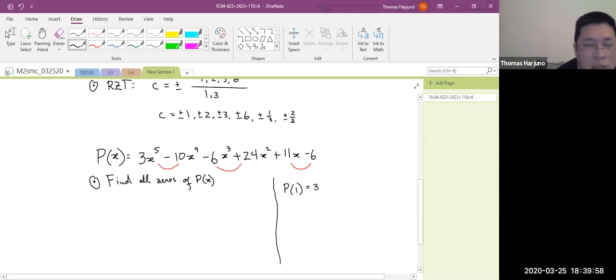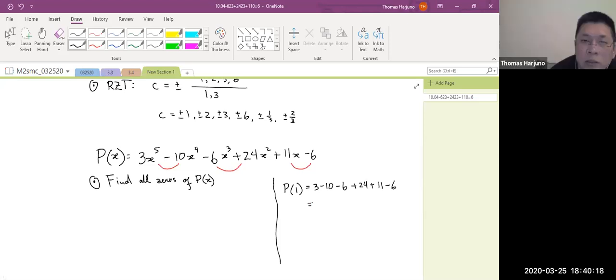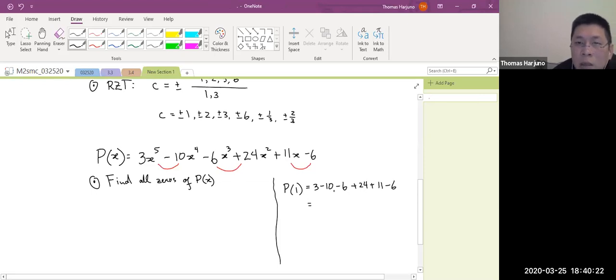Especially for 1, if I add the coefficients, do I get 0? I get 38 minus 22, 16. Possibly 16?